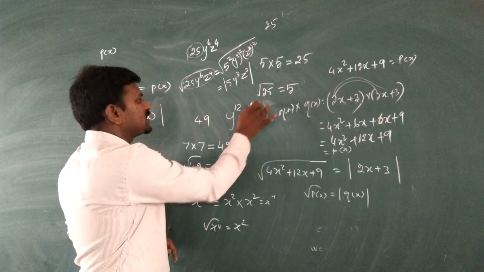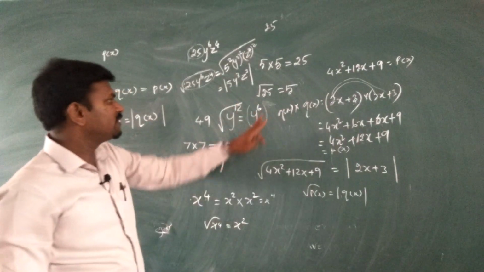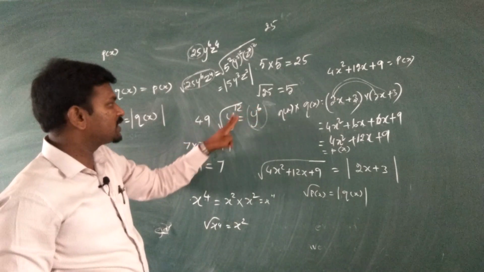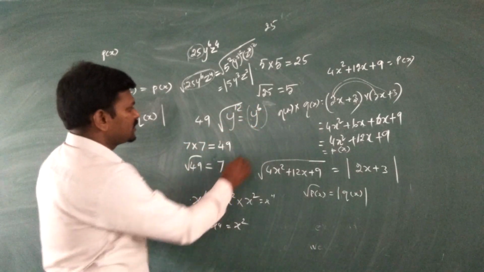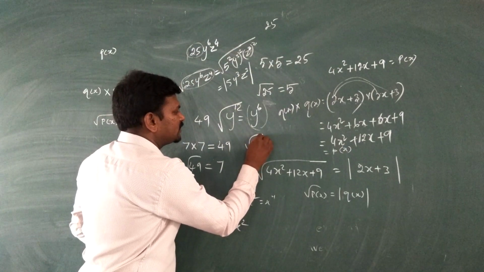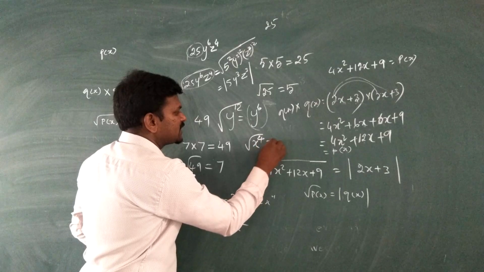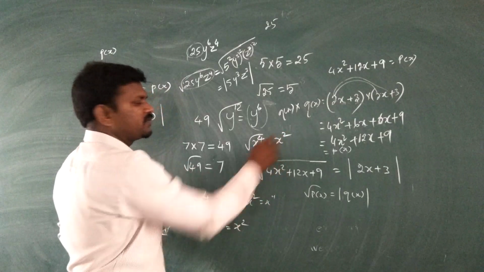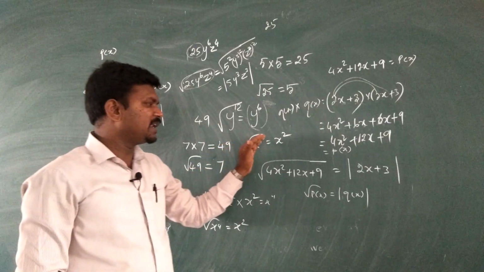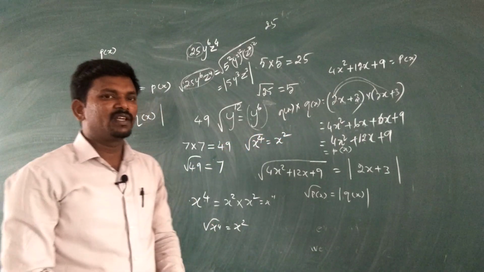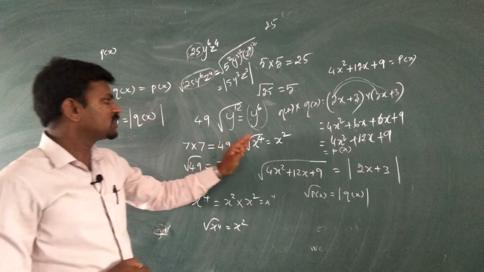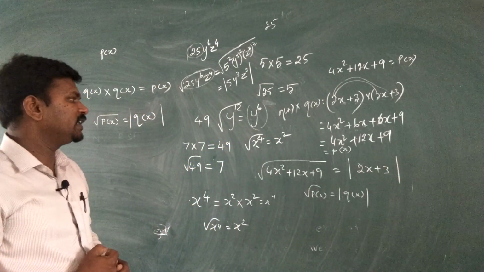When we take the square root, we remove the square. Square root of x power 4 is x square, half of 4. So if you want to find the square root of a monomial, we just have to divide the exponent by 2.